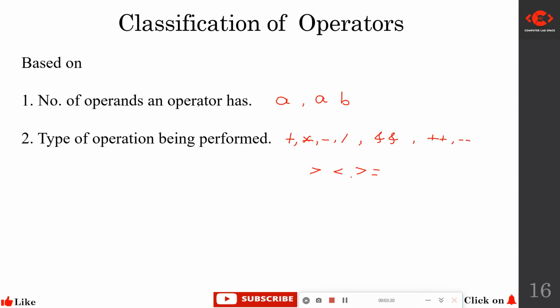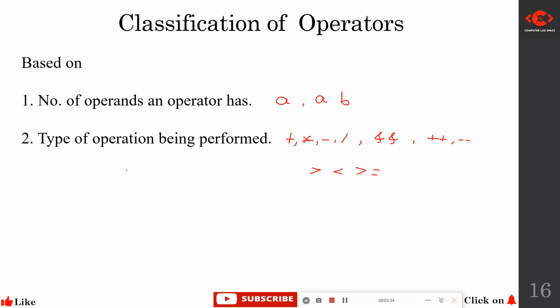Okay. So, on what basis are we classifying? We have two different bases on which we are going to classify the operators. One is the number of operands an operator has, and the next one is the type of operation being performed on the operands.